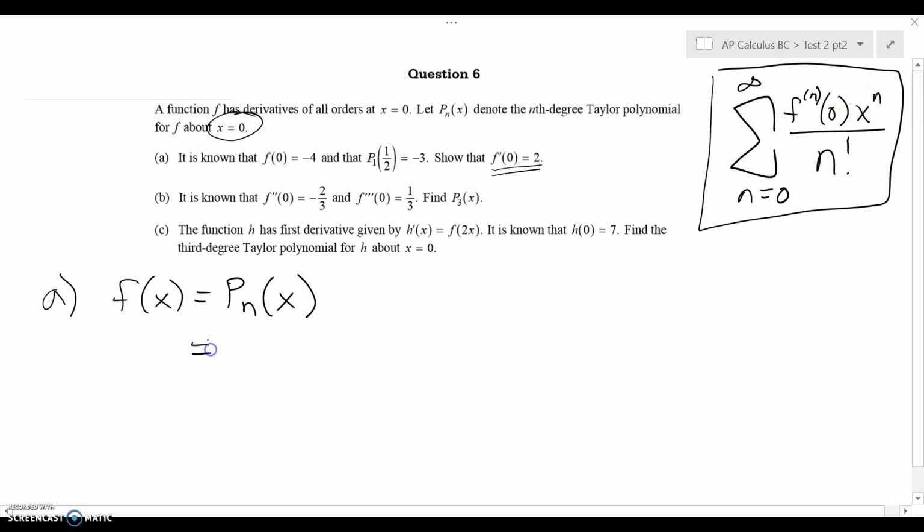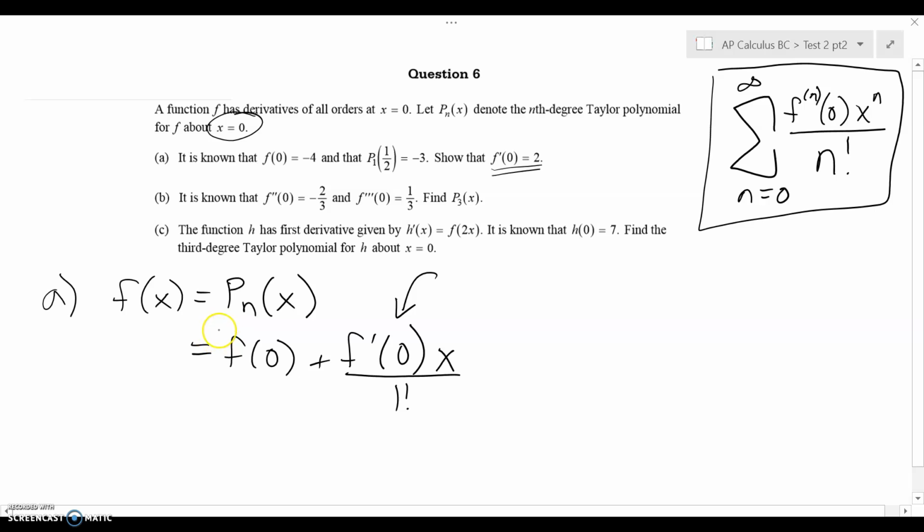So our first term in our expansion would just be the function value. I'm just going to write f of 0 there, and then we've got a plus. What would that be? If we put in a 1, it'd be the first derivative, so f prime of 0 times x to the first divided by 1 factorial, or 1. I'll put that there, even though we really don't need it. That then is an equation that involves f prime of 0. So we're actually looking to figure out what this is, or show that that's 2.